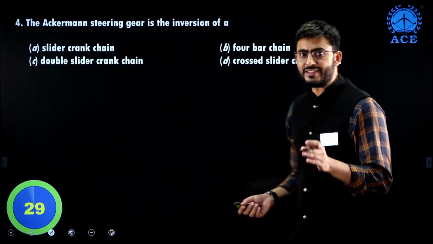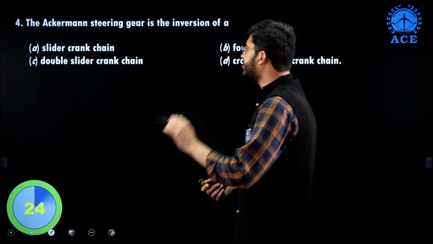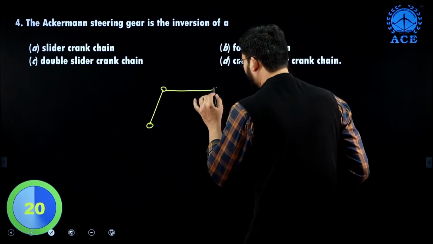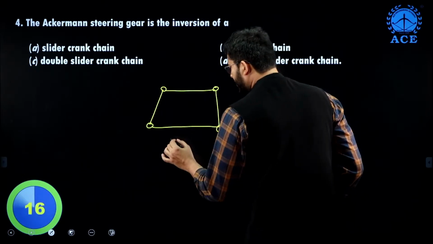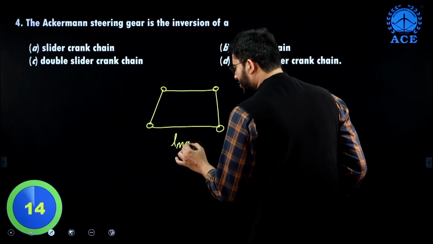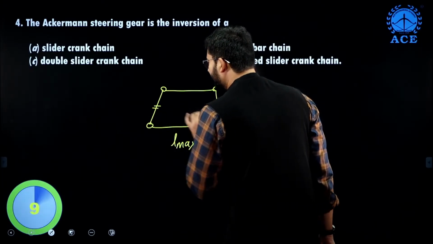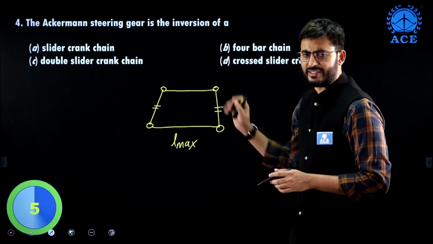Next is Ackermann steering gear is an inversion of. Ackermann steering gear, basically it is the result of the 4-bar mechanism. Let me give you the description here. This is the L maximum, the link which has the greatest length, but these two links are of identical lengths, and this is a link of some other length.